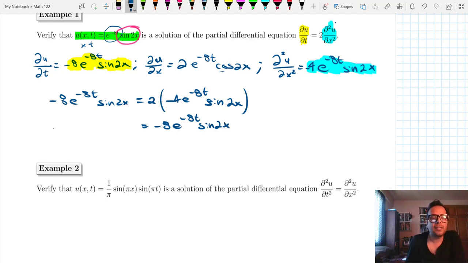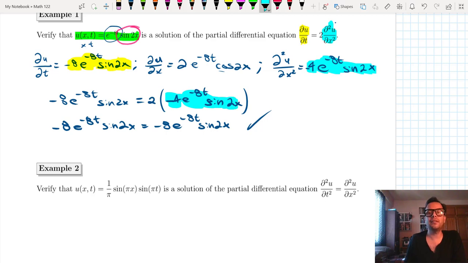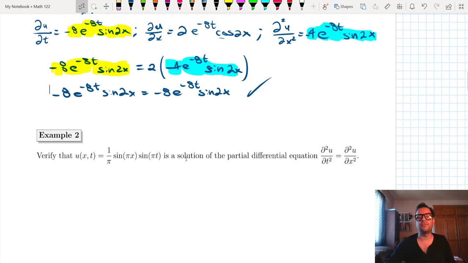And the left hand side remains the same. If you notice, there wasn't any change to do there. Okay, so in this case this checks. So this was the second with respect to x, this was the first with respect to t. So it checks, so that is a solution to the given partial differential equation.